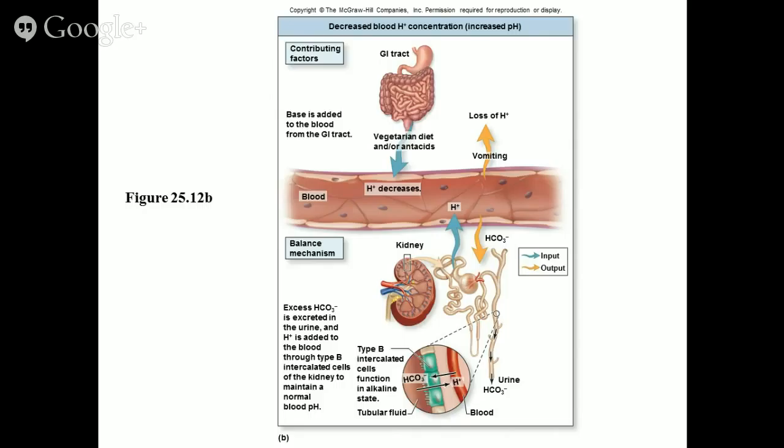We want to get pH down because if pH is down, we make things more acidic. So if we want to get pH down, a lower number, we want to make things more acidic. We just need to put hydrogen ions back into the blood and take the bicarbonate ions out of the blood, throw the bicarbonate ions out in the urine, and make sure the hydrogen ions stay in the blood.